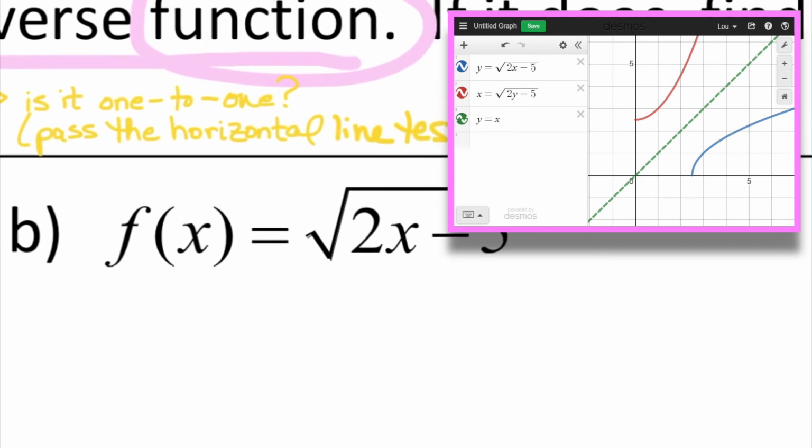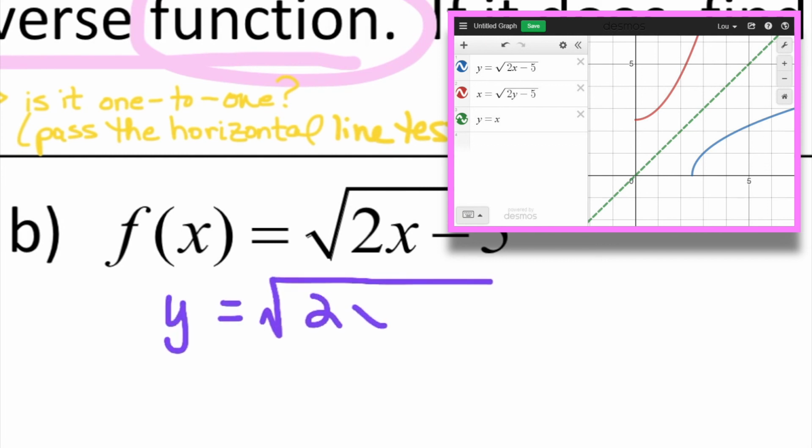And so what I'm going to do here is change to compute an inverse function. Remember that you change your f of x to y, leave everything else the same. And then wherever there's a y, write an x, and wherever there's an x, write a y, and that's going to give you the inverse function.